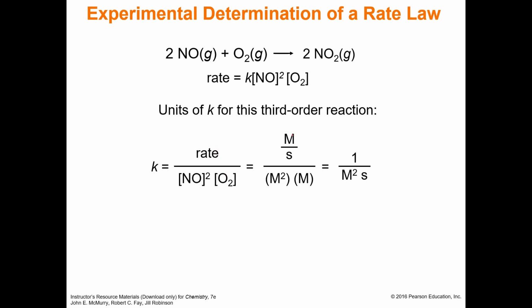So the units for rate is molar per second, and the units for NO would be molar, but we have to square that since NO is squared, and the units for O2 would also be molar. So one of these molars cancels with the other molar. Second, since this is on the bottom of this fraction, comes down to the bottom, so we're left with 1 over molar squared times second. And this is for a third order reaction.